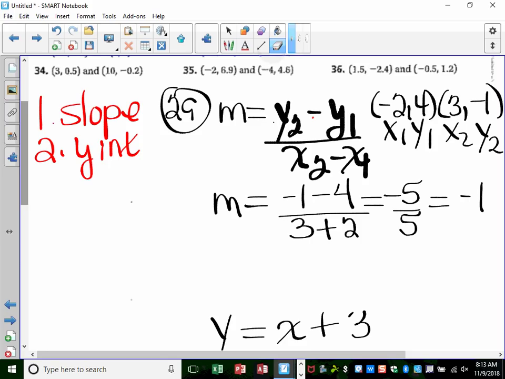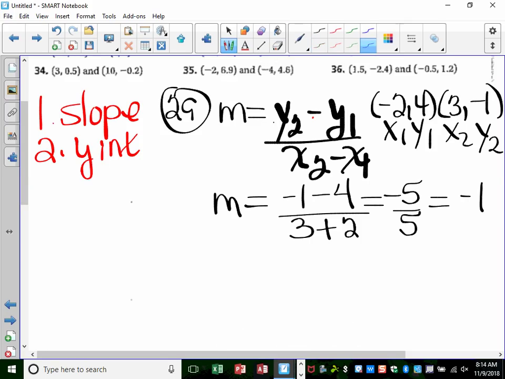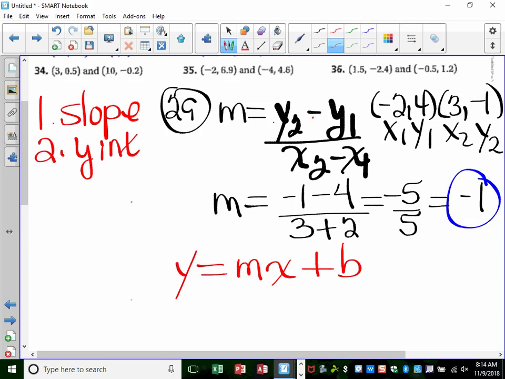The next thing I need to do is solve for b. So now I'm going to write down y equals mx plus b. And I get to choose which set of coordinates I'm going to use for my x and y. Just make sure, guys, you take the whole pair. You can't take an x from this pair and the y from that pair.